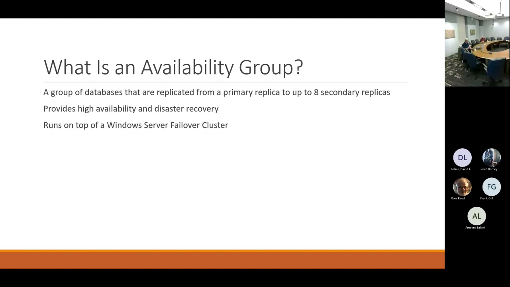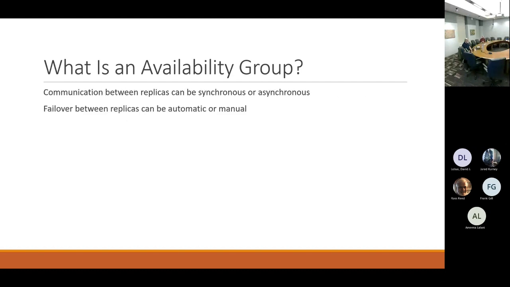Here you are defining which databases are in your availability group, and that is what is failing over. The communication between your replicas can be either synchronous or asynchronous, and I'll get into that in more detail in how availability groups work section. And then your failover between the replicas can be automatic or manual.